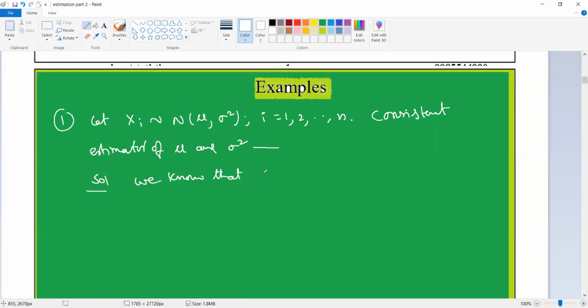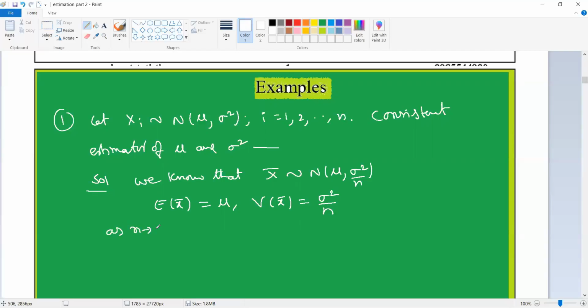The sampling distribution of the statistic sample mean follows a normal distribution, X bar follows N(mu, sigma square by n). So E of X bar is equal to mu, and variance of X bar is equal to sigma square by n.